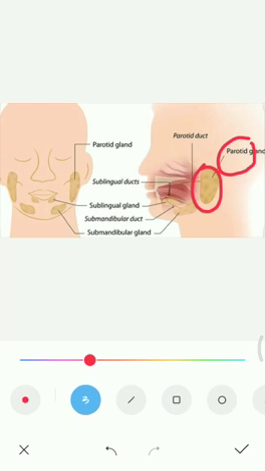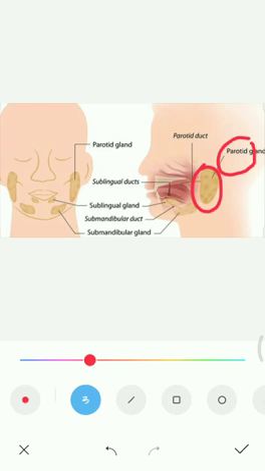It is present in pairs, and they lie on the sides of your face, just below and in front of your ears. The parotid glands open into a vestibule opposite to the second molar teeth.